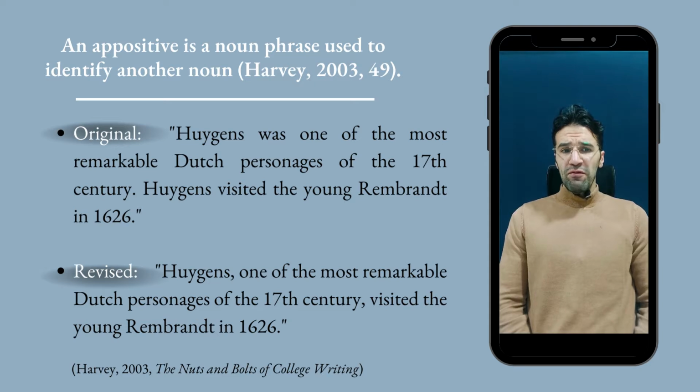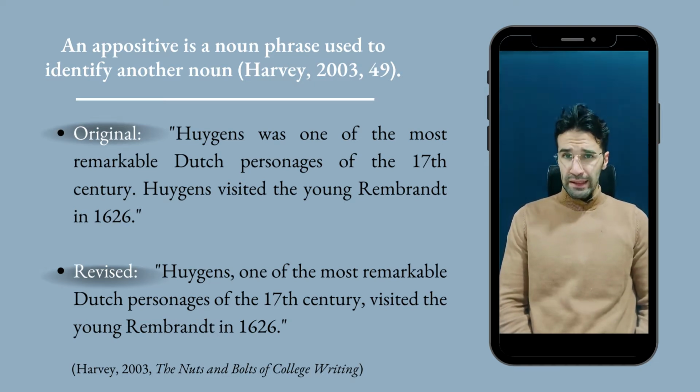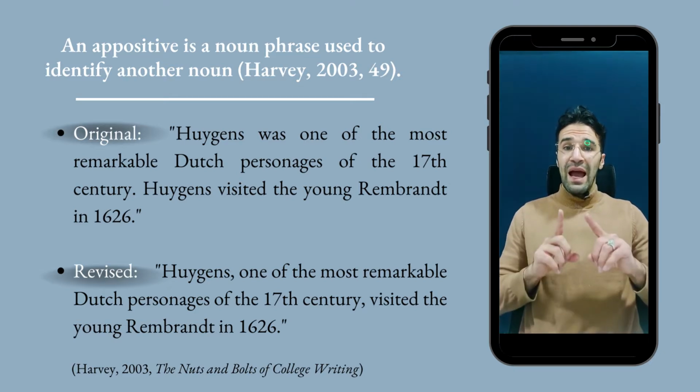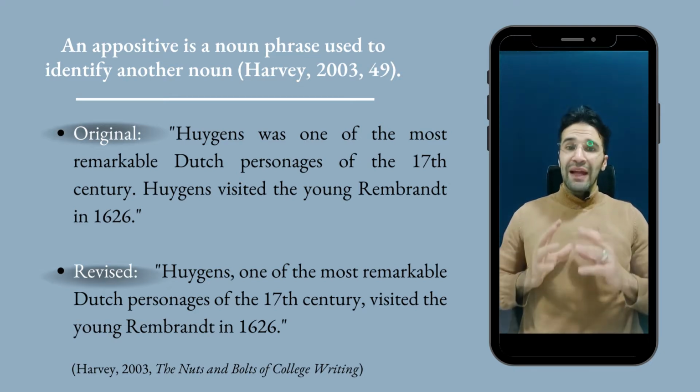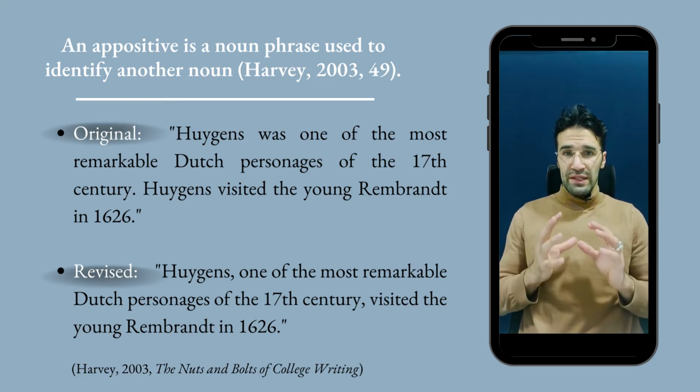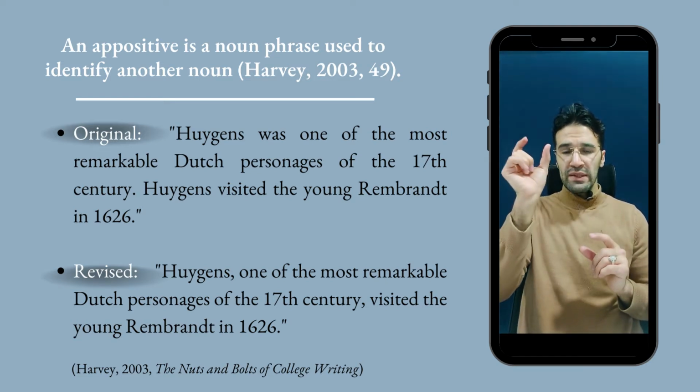Look, in the first sentence, it says Huygens was one of the most... So instead of saying "was one of," I could put a comma after Huygens and drop "was" and go like "one of the most remarkable Dutch personages of the 17th century," add another comma there, and this time I don't need to use Huygens because I put Huygens in the beginning.